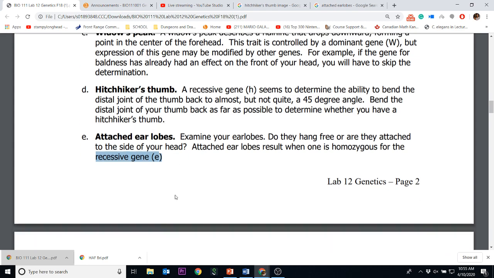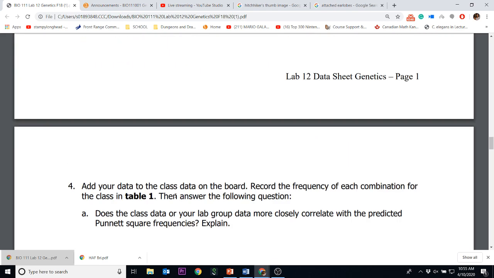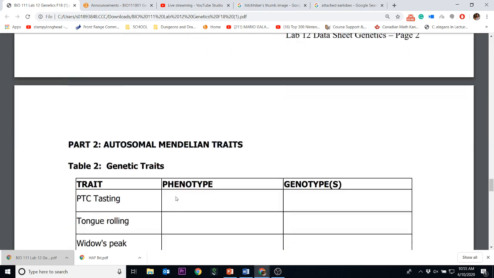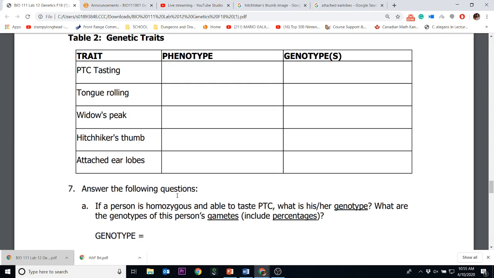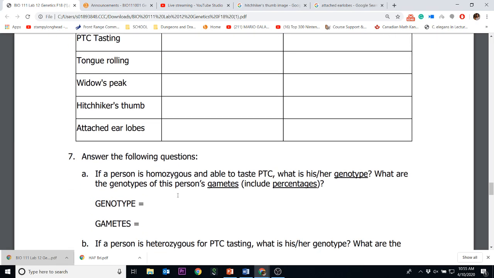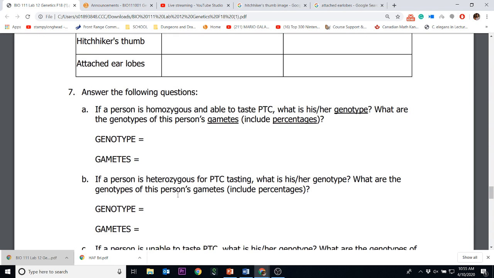Are we clear how to do this table? I think this is the only table I want to talk about. And then the next one here. Any questions first?